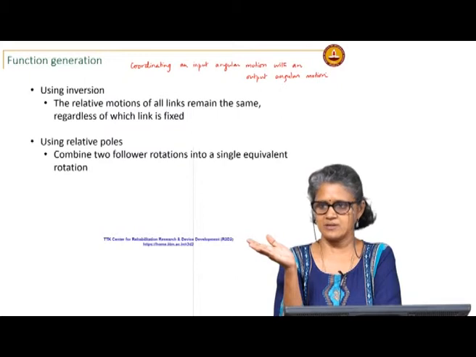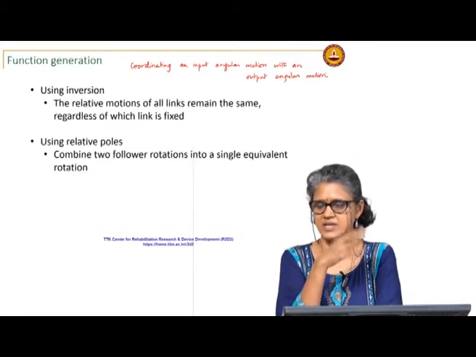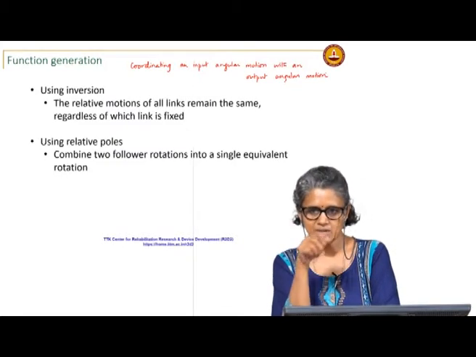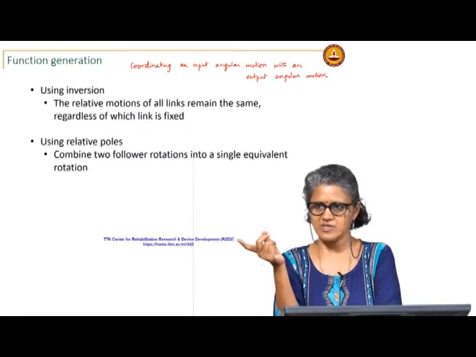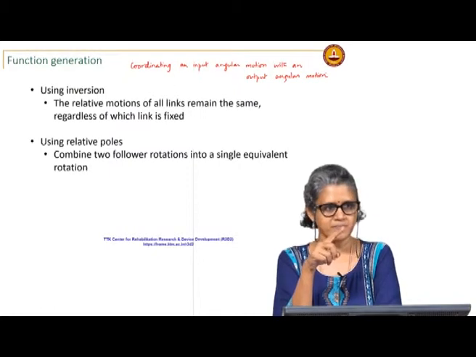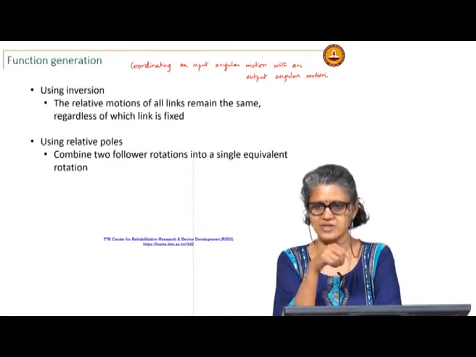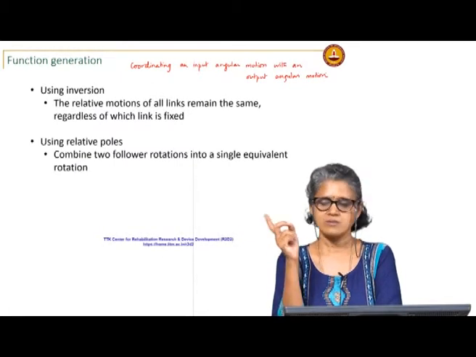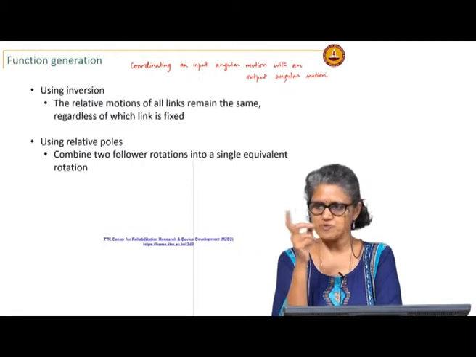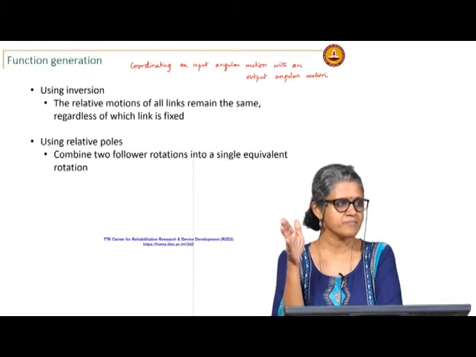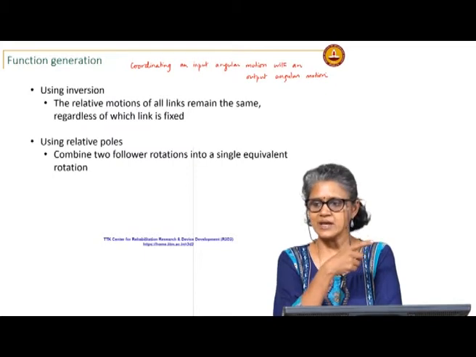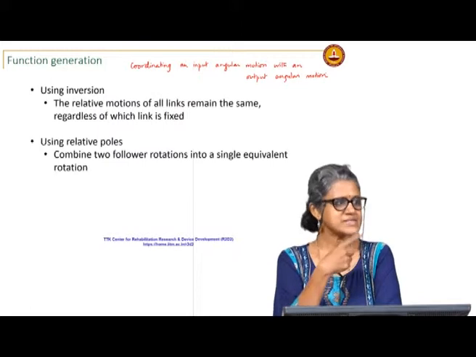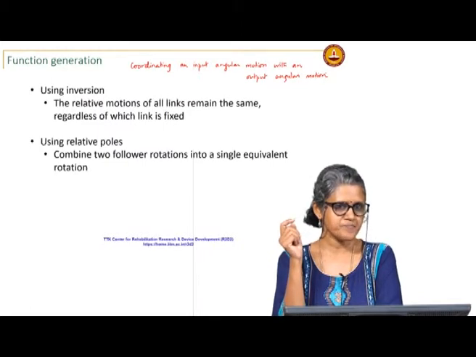When you have a crank rocker and you are designing it for a specified time ratio, you are saying, okay, the crank moves through this angle when the rocker moves from one extreme to the other. Then when the crank returns through the other angle, you have the rocker moving back. So, you have a rocker that is moving back and forth through a certain angle, and you are coordinating that motion with respect to the input motion, which is a full 360-degree rotation of the crank.